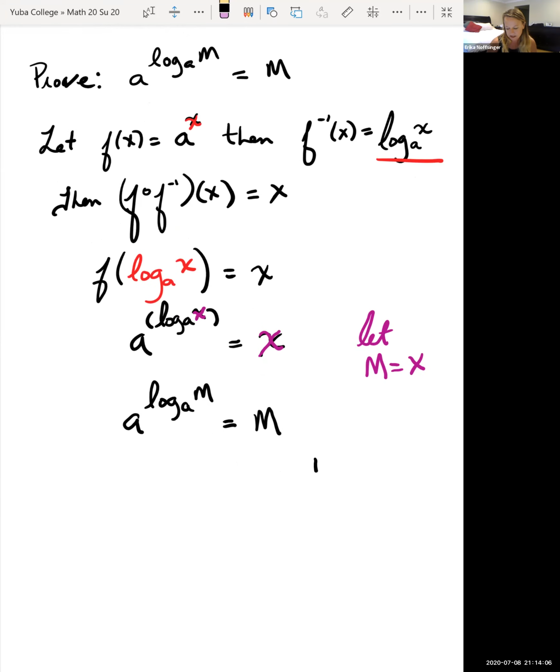Okay, so once you've shown something, it's kind of satisfying to be able to draw this square. The square represents that you're done with your proof.